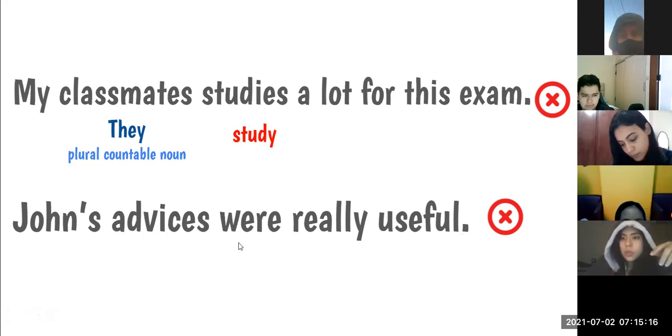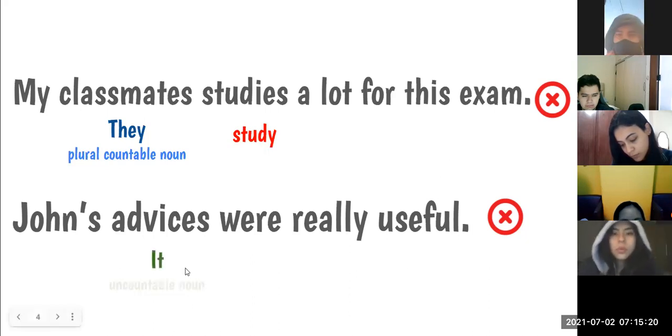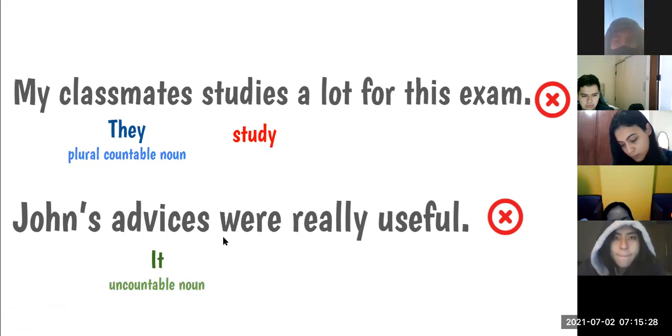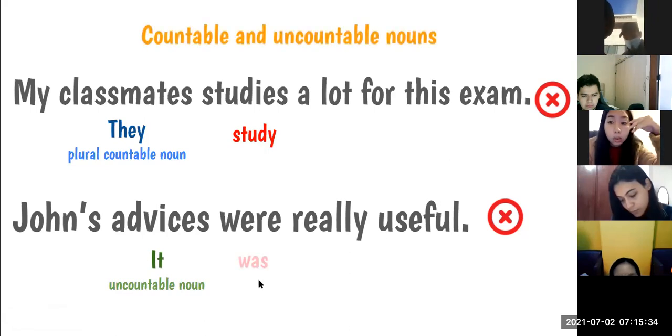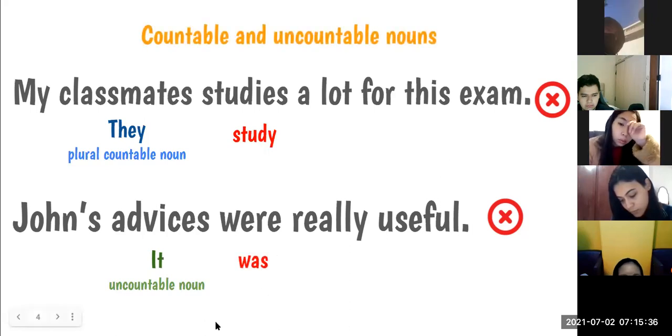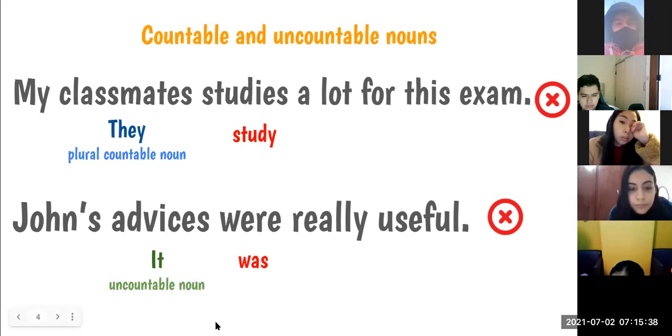Because it's singular and it's uncountable, right? So we can say it. This is an uncountable noun, right? We can't say advices. And what about the verb? What is the correct verb? Was. Was, right? So we are talking about countable and uncountable nouns.